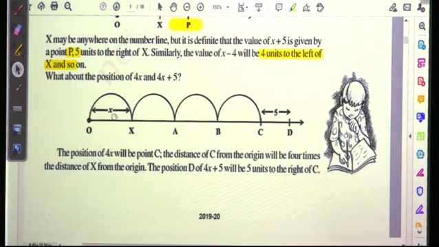This figure is explaining the same thing. The position of 4x will be point C. This distance is x, and 4 times the same distance is repeated. So it is one time here, second time it comes here, third time it comes here, and on the fourth time it comes finally to C.